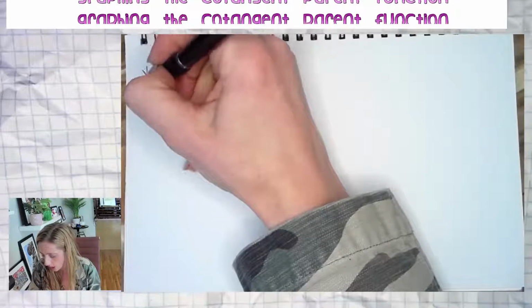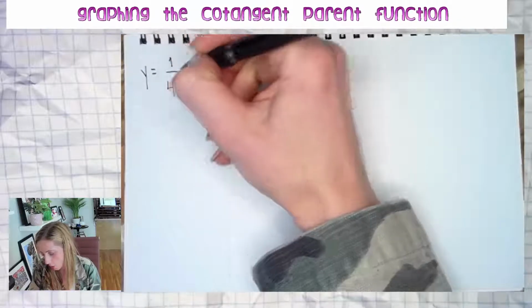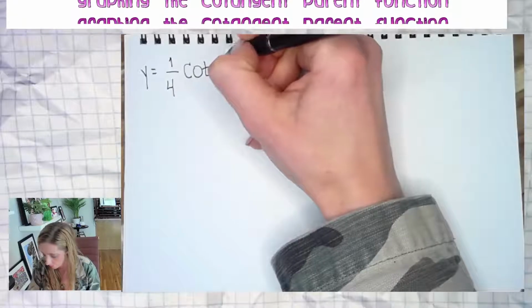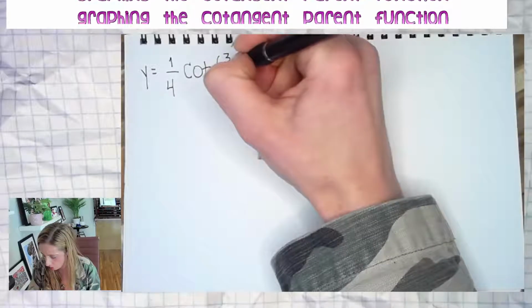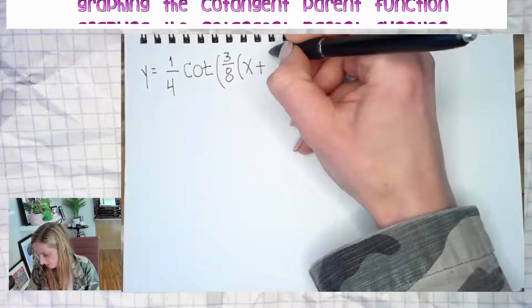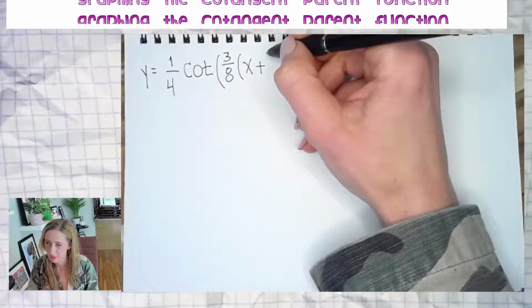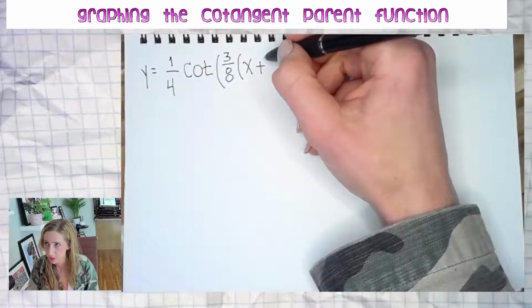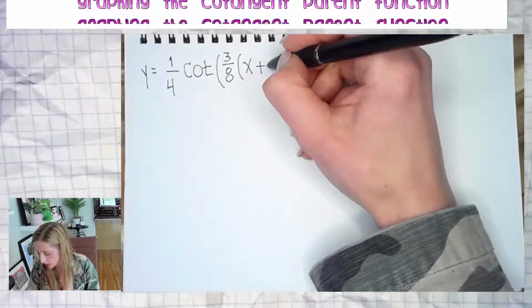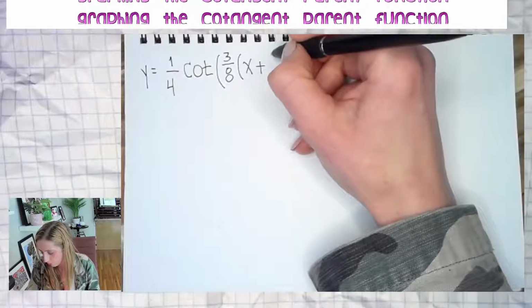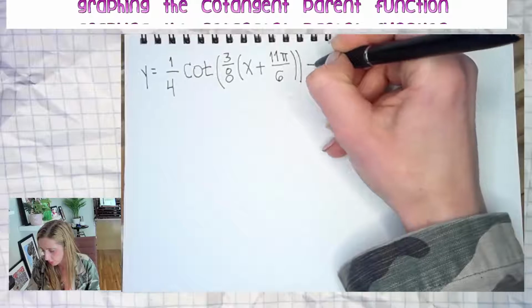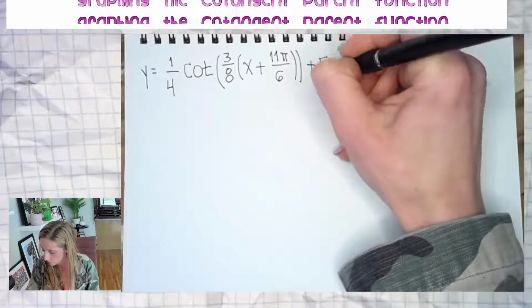Let's do y equals 1/4 cotangent of 3/8 x plus 11 pi over 6, plus 5.